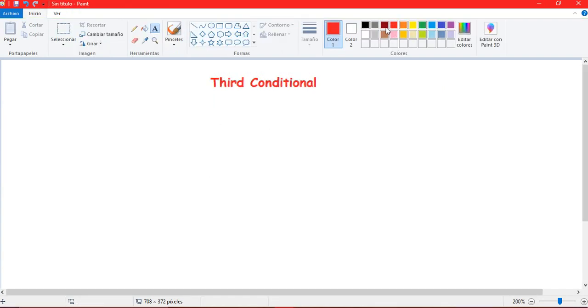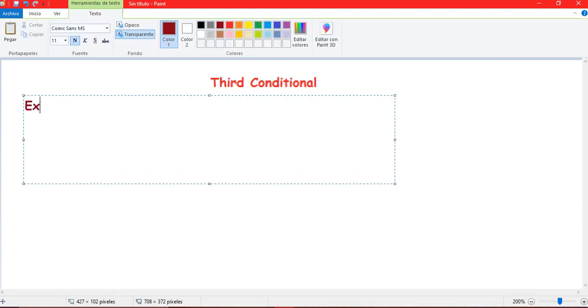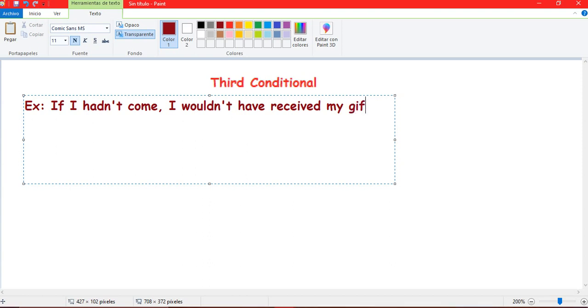Let's see some examples here. You say, if I hadn't come, I wouldn't have received my gift. An example. If I hadn't come, I wouldn't have received my gift.